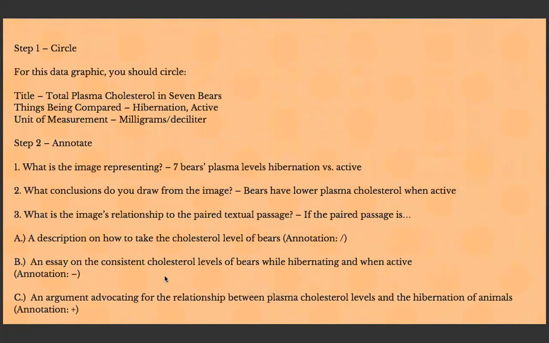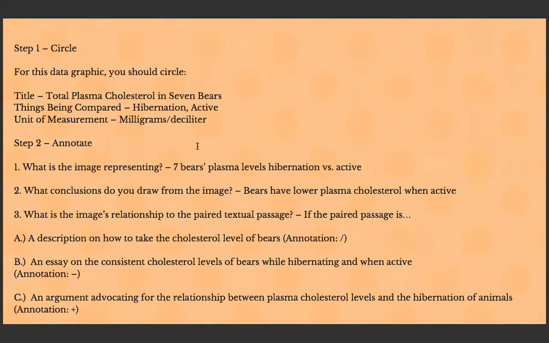Again, the process is the same. Title, circle it, total plasma cholesterol in 7 bears. The things that are being compared, bears in hibernation versus active bears, and their cholesterol in the units of measure in the milligrams per deciliter.